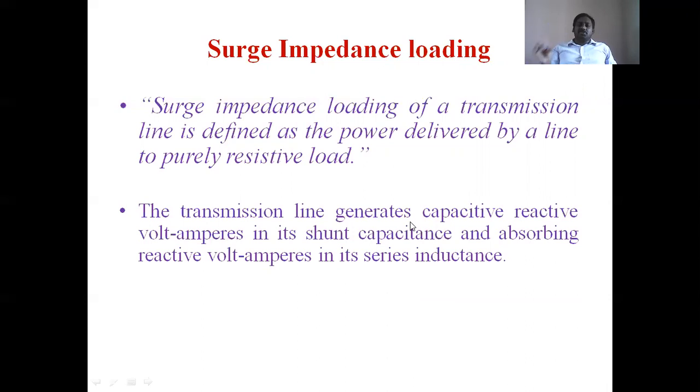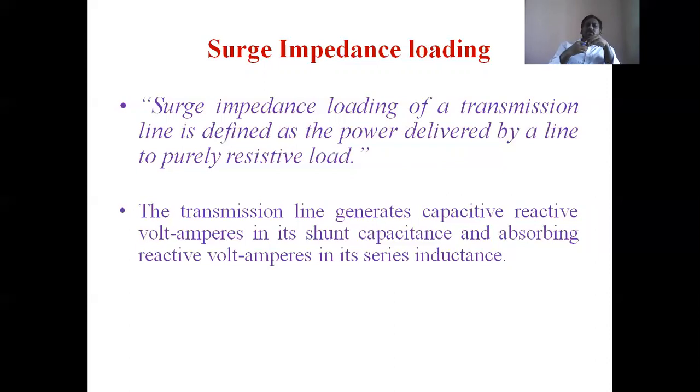The transmission line generates capacitive reactive volt amperes. Why? A capacitance is always connected between line and neutral, any one of the line conductors to the neutral. That's why shunt capacitance is formed between line and neutral. Due to shunt capacitance, leading reactive volt amperes are developed.